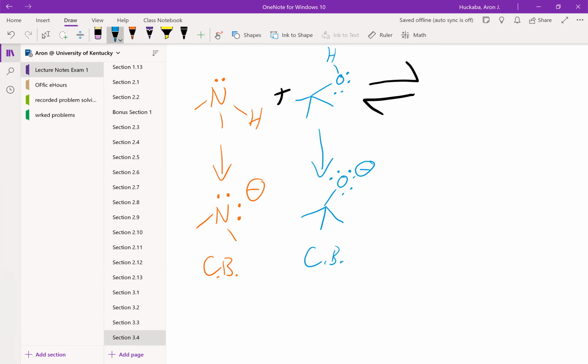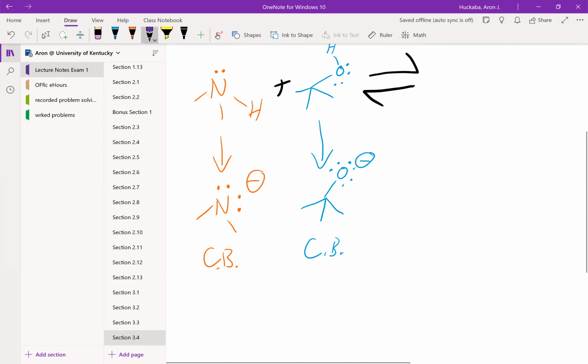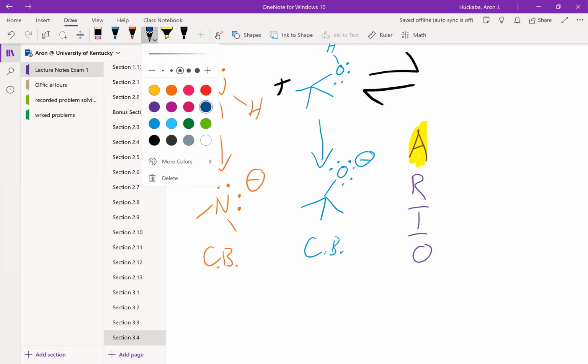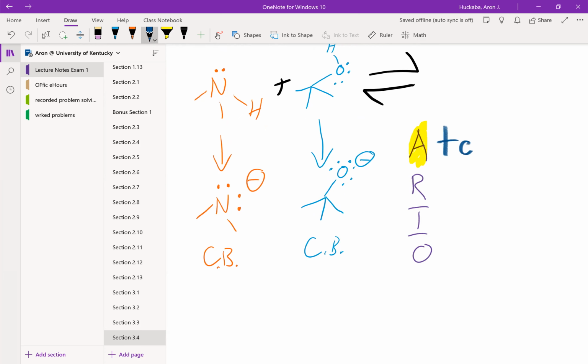Okay, so now that we have the conjugate base, we can start to apply the ARIO rules. So first, let's look at A. A stands for atom, as we said.